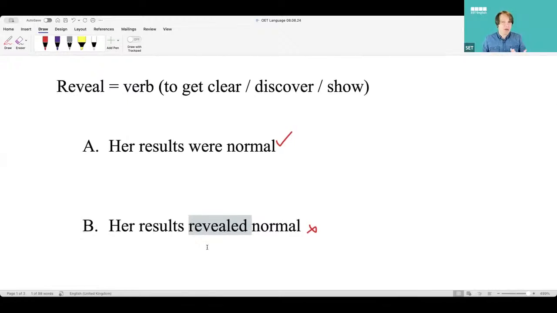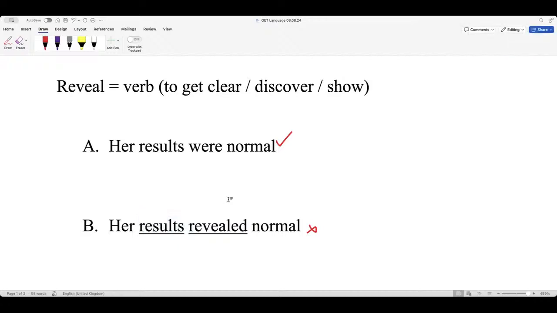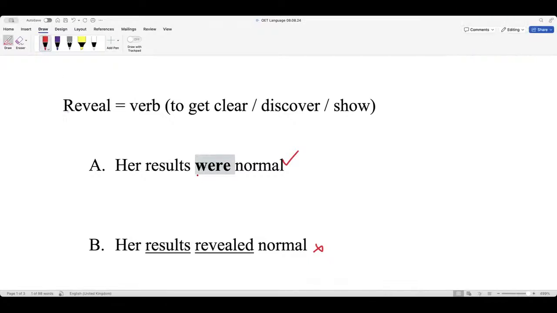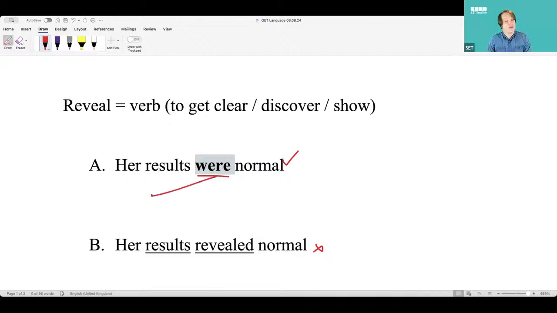It's a nice try. I understand what you mean, but actually you can use that with results. In some situations you can, but not this one. Omi, do you know why? I think it needs an auxiliary verb. Yes. Now this is the key, right? What type of verb is that, guys? To be, this one. This is the be verb, right?